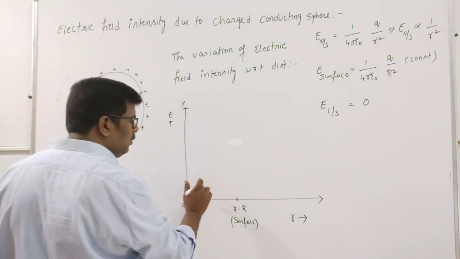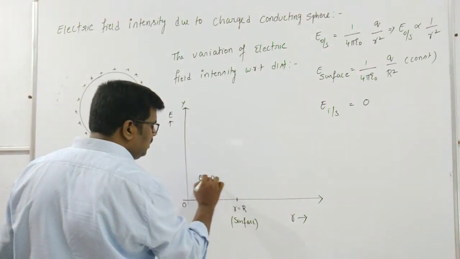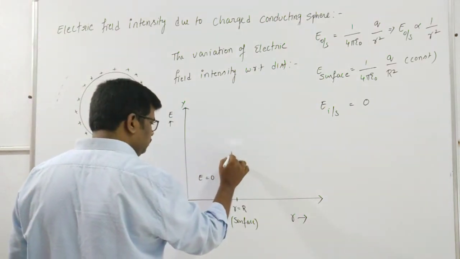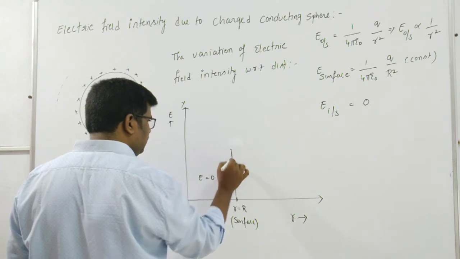So inside the sphere the electric field intensity is 0, and the maximum value is exactly at the surface.